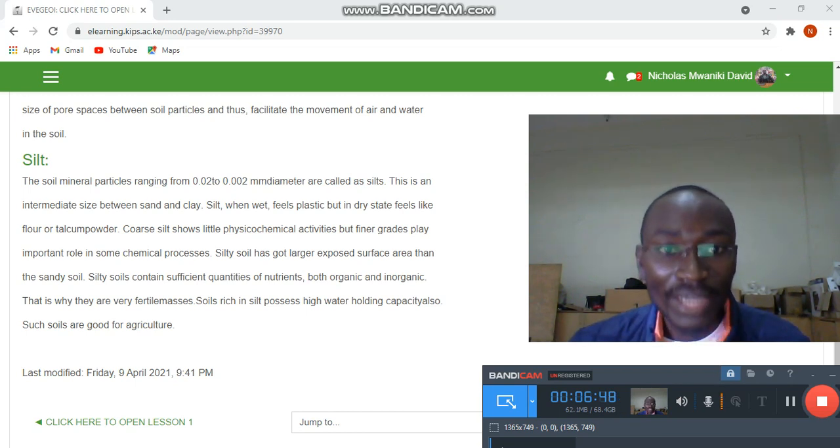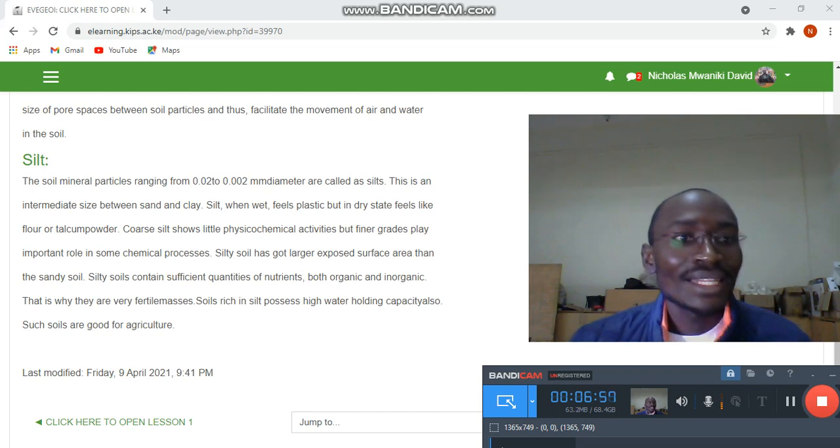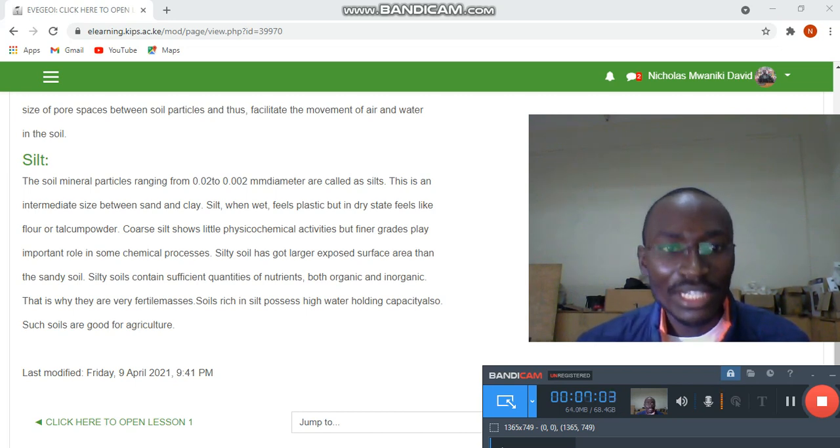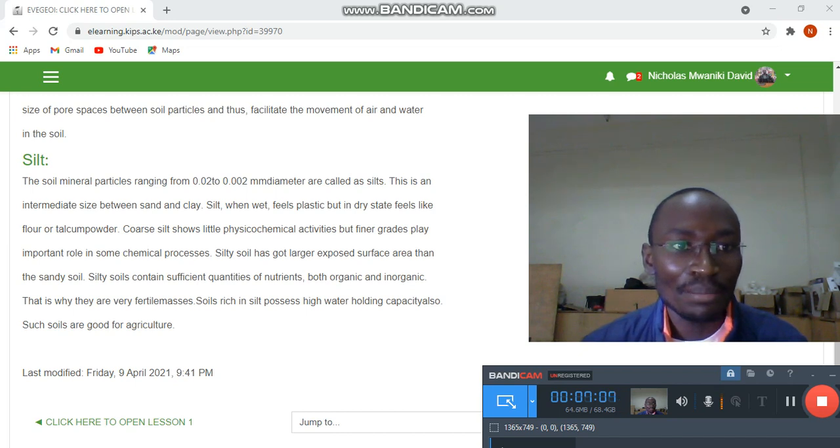Silt, when wet, feels plastic, but in dry state feels like flour. The coarse silt shows little physiochemical activity, but finer grains play an important role in some chemical processes.